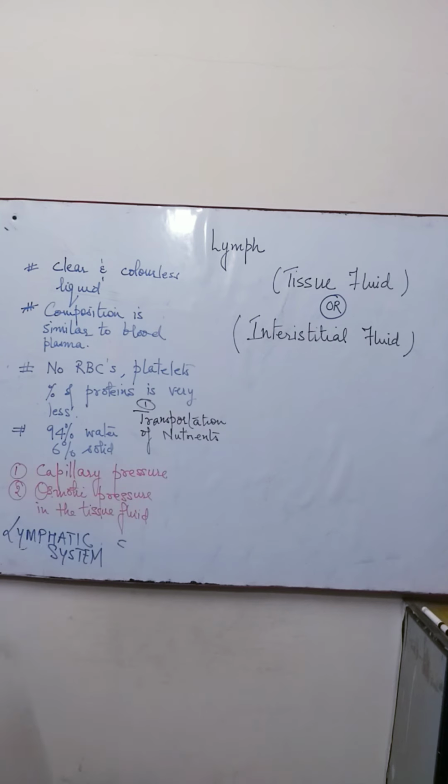When we talk of the functions, the first function is transportation. The various essential nutrients are transported by the lymph within the body. It transports oxygen, hormones, and very important nutrients through the blood to the cells of the body.